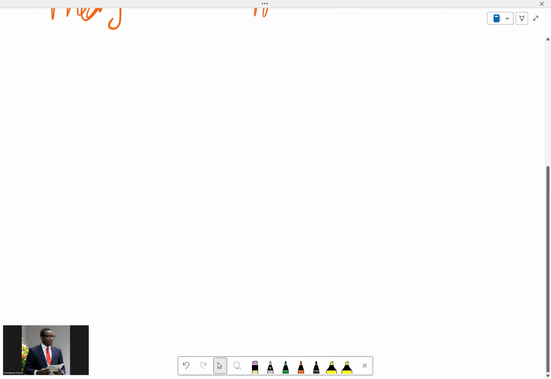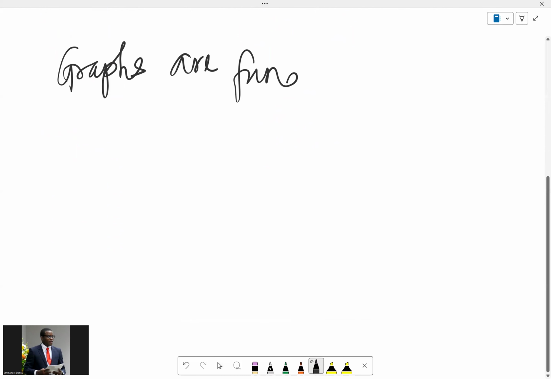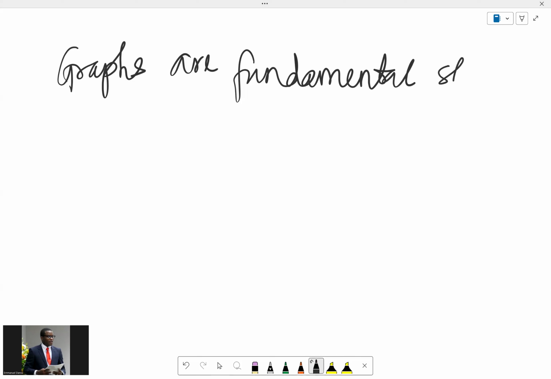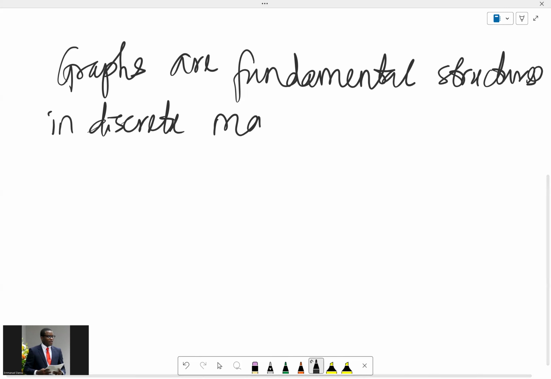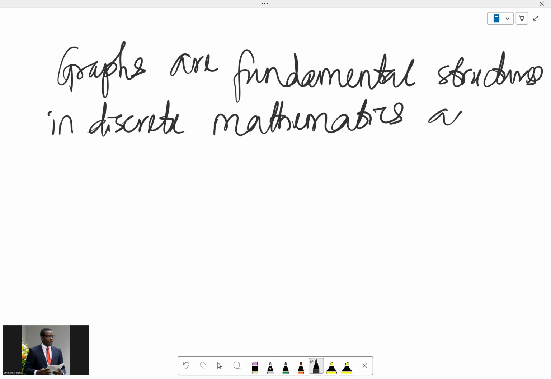So, introduction to graphs. You need to know that graphs are fundamental structures in discrete mathematics and computer science.